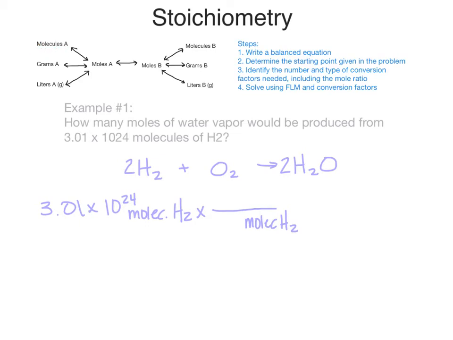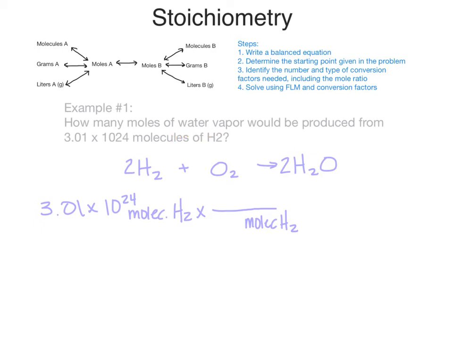And so I'm going to go from molecules of A to moles of A. And my A is going to be my molecules of H2, and my B is going to be my moles of water. So not only am I going to be converting between my units from molecules to moles, but I'm also going to be converting between my reactants of hydrogen gas and my products of water vapor.